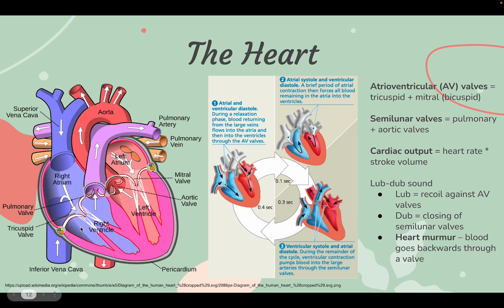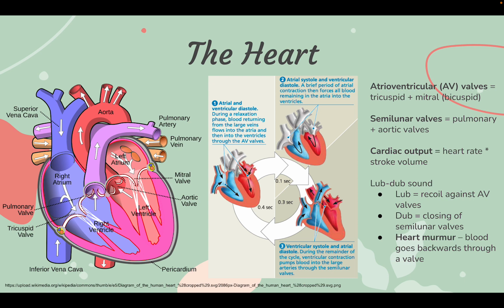And just some details on the anatomy. These valves are held back by these things called chordae tendineae. They're these fibers, and they're held to these muscles called papillary muscles, and this just prevents the valves from turning inside out due to the pressure of pumping.